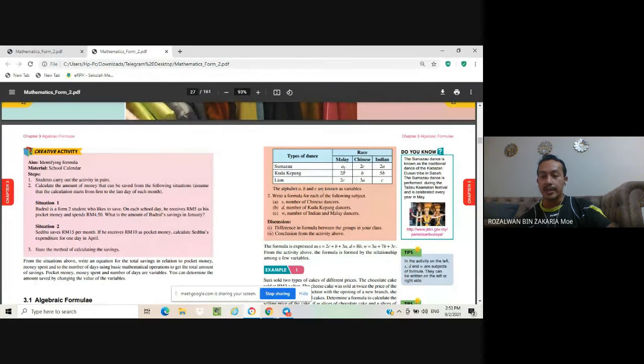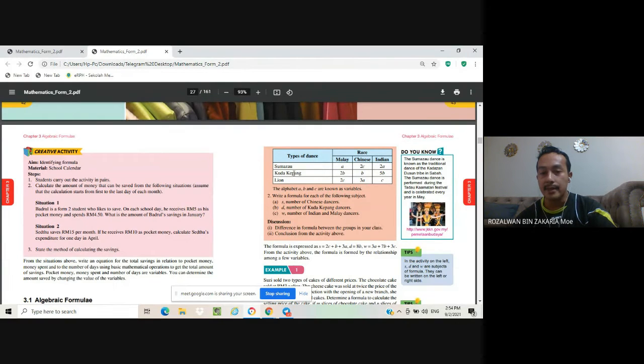Okay, so look at it here for Malay. There is an alphabet A, B, and C. This A, B, and C is the represented alphabet, known as variable. So for the Chinese, for Sumazau, the variable is 2C, Kuda Kepang, B, and Lions 3A.